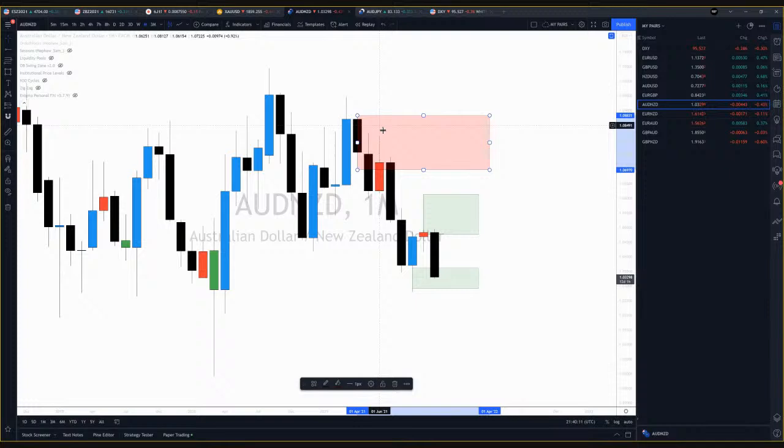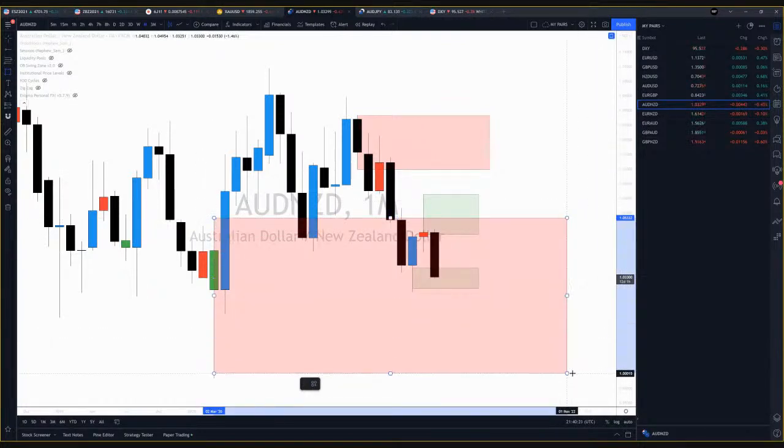We look down. Where is it supposed to go? Well, we have this one closing above that. So, yeah, big one. So this is where I anticipated them to come to, right there and below.